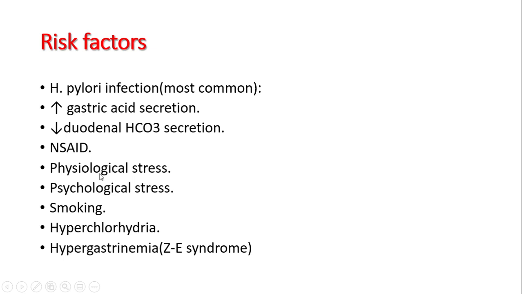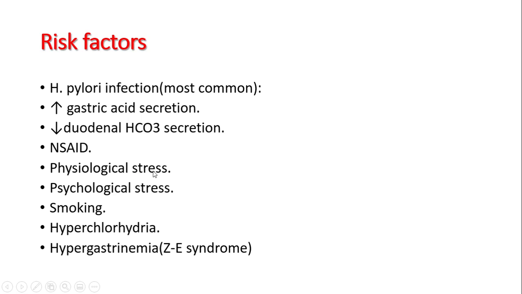Physiological stress. These are the stress ulcers, like Cushing ulcers, in case of increased intracranial pressure or intracranial hypertension, like in CVA, cerebrovascular accident.